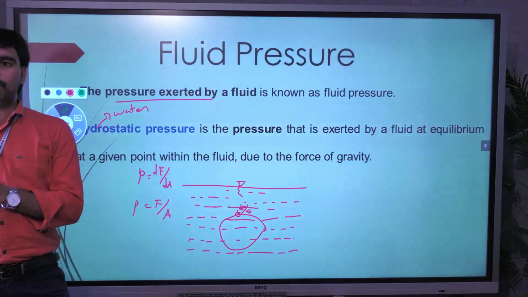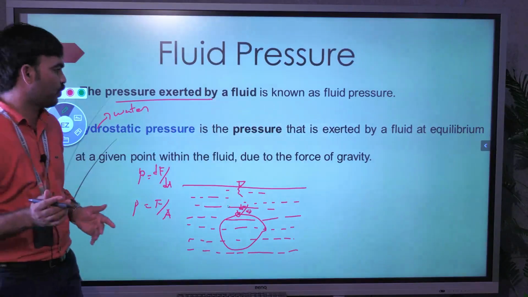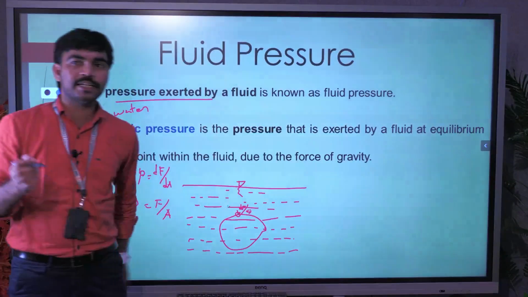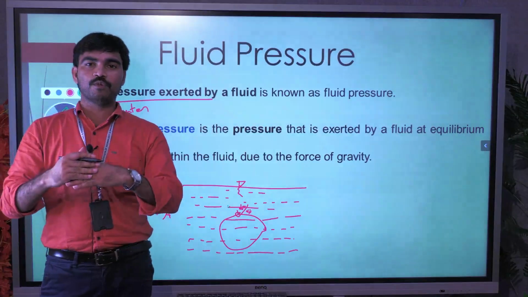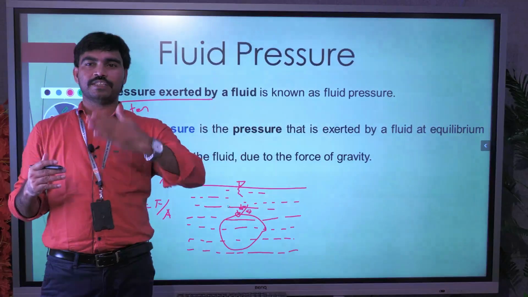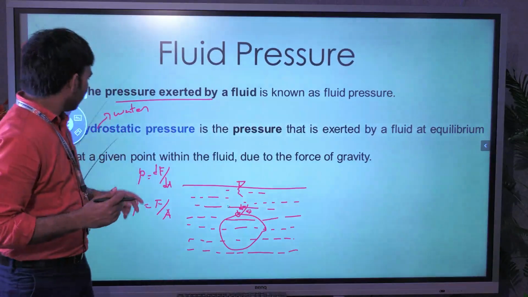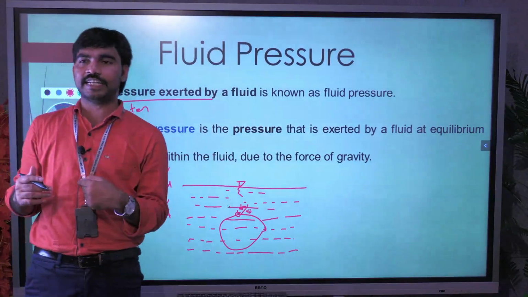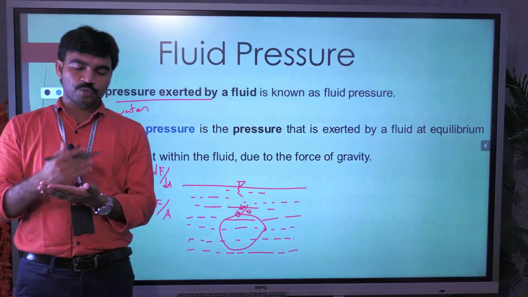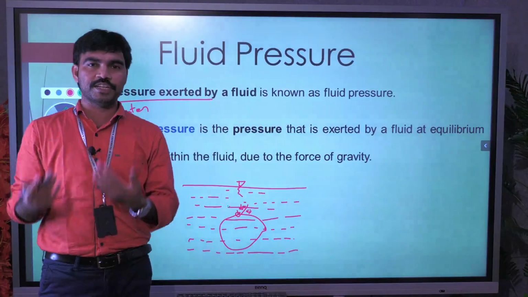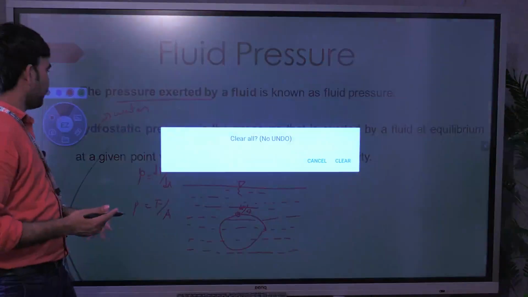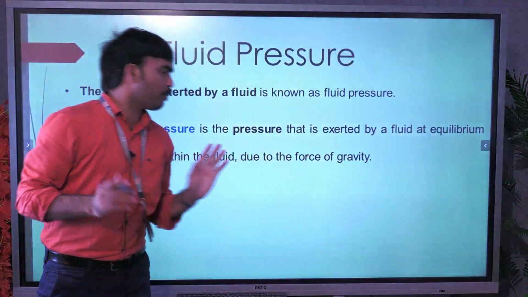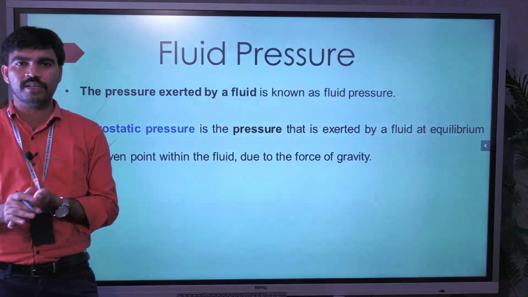This is because of the force due to gravity, gravitational force. So hydrostatic pressure is the pressure exerted by the fluid when it is in equilibrium or at rest. We will discuss in detail in the coming slides how to find the hydrostatic pressure at various points. I hope you understand the definition of fluid pressure.